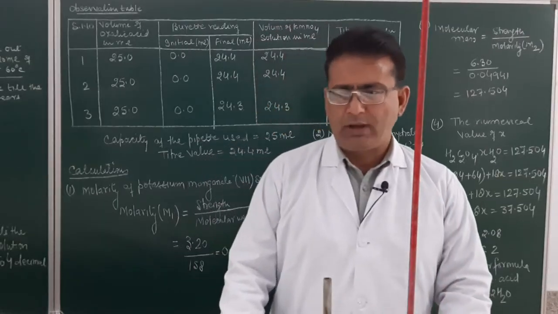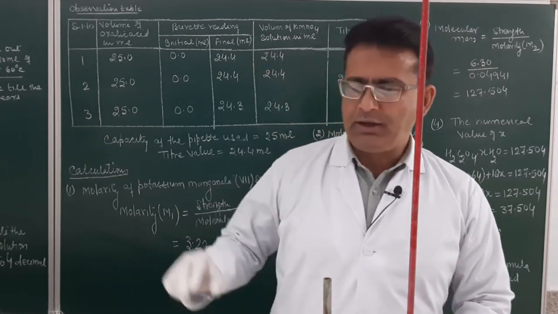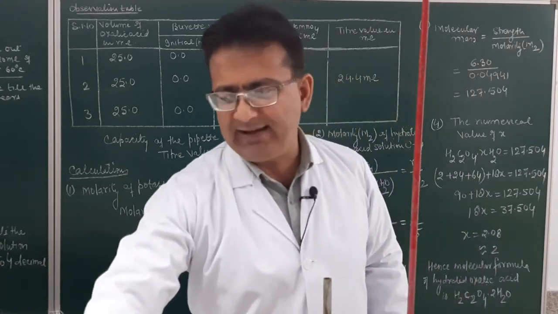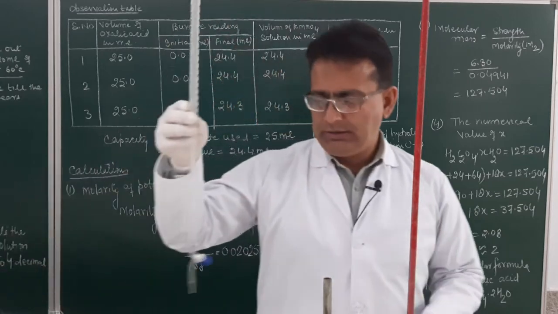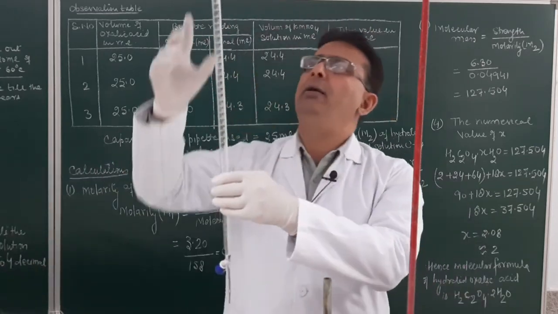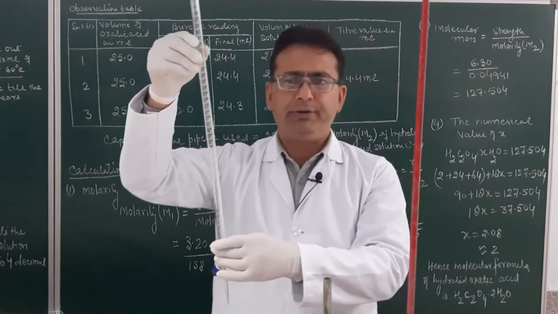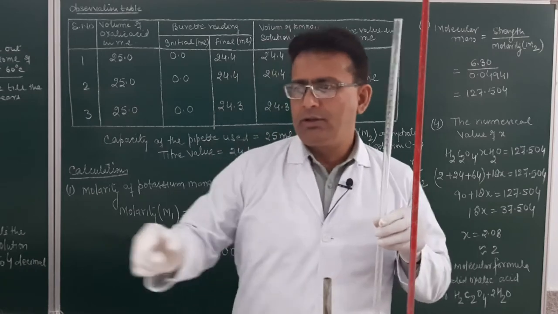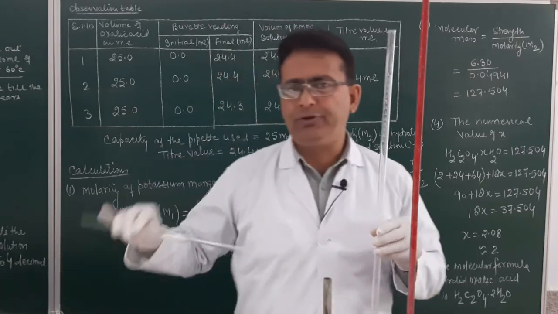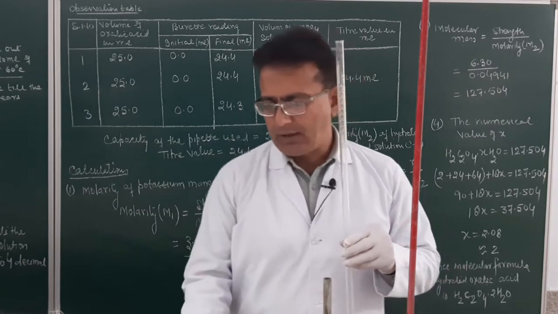Now students, I will demonstrate how to obtain the titer value in a titration of KMnO4 versus oxalic acid. Now as you all know, this is a burette marked from 0 to 50. Then this is a pipette of 25 ml capacity.